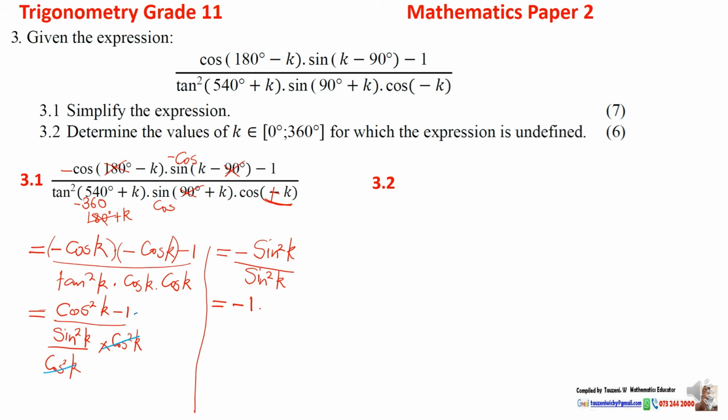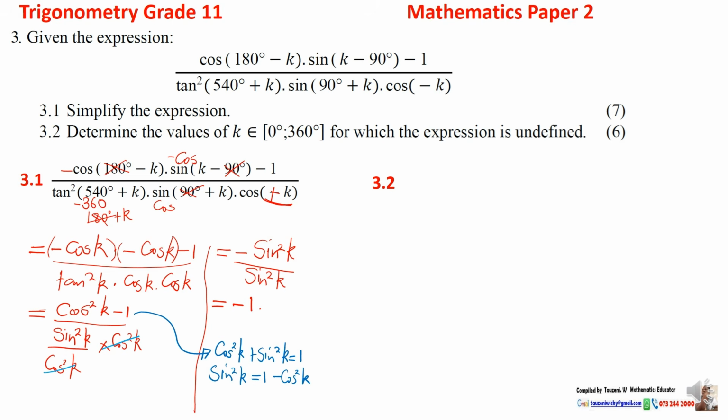Just to quickly explain what happened to that expression there. My identity is cos squared k plus sine squared k. Cos squared k plus sine squared k is equal to 1. So if we transpose the cos squared, we remain with sine squared k is equal to 1 minus cos squared k. So 1 minus cos squared k is equal to sine squared k.